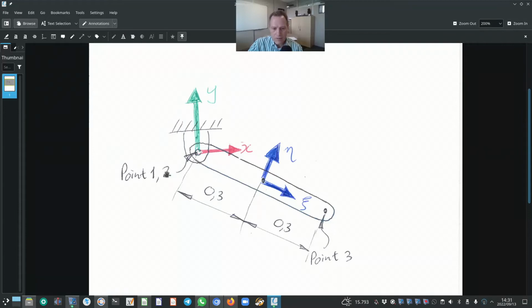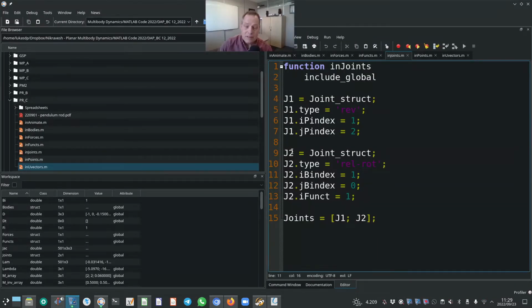But point 2 is on the pendulum rod, and it is at location minus 0,3 in the KC direction and 0 in the eta direction. And point 3 is at plus 0,3 in the KC direction and 0 in the eta direction. Joint 2 is new.